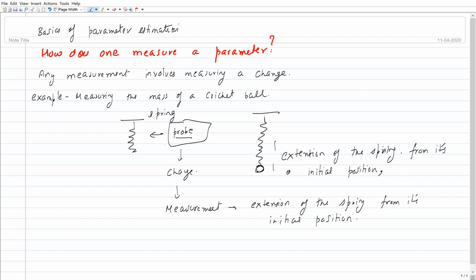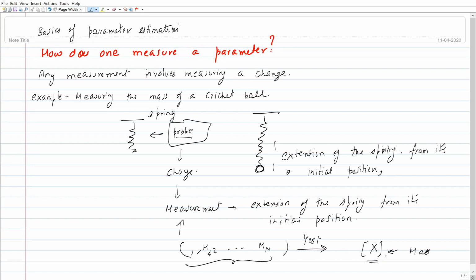And of course I repeat this measurement many times, m1, m2, mn, and based upon measurement statistics I get an estimate of the parameter x, which was in my case the mass.